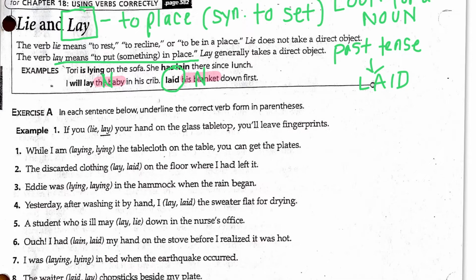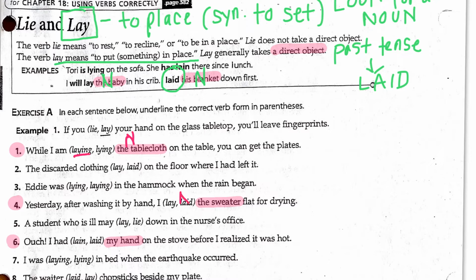We don't have to call it a direct object, but it really is a noun, a thing, like in number 1, a tablecloth, or in number 4, a sweater, or even in number 6, my own hand that I placed. In number 1, the tablecloth I'm laying. In number 4, notice the past tense is deemed appropriate by the word yesterday.